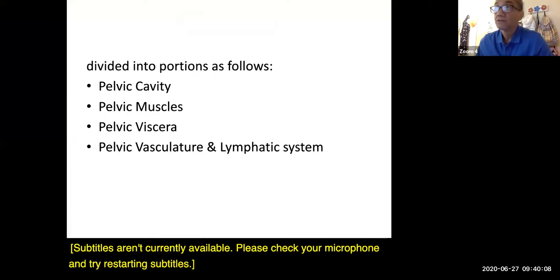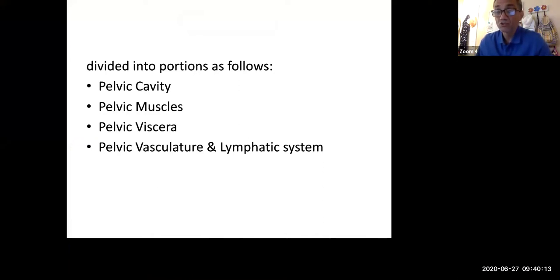In the previous lectures, we talked about the abdominal cavity. Also 2 weeks ago, if you remember, I talked about the abdominopelvic cavity in general, including the peritoneal membrane and the spaces. For today, we're going to talk about just the organs and structures located within the pelvic cavity.